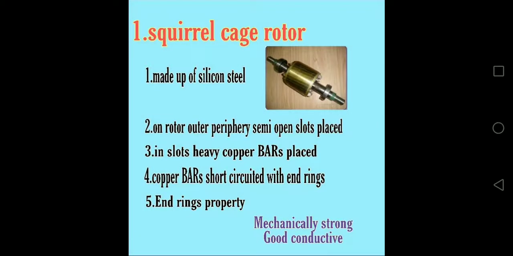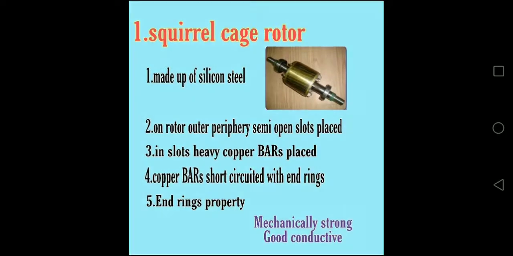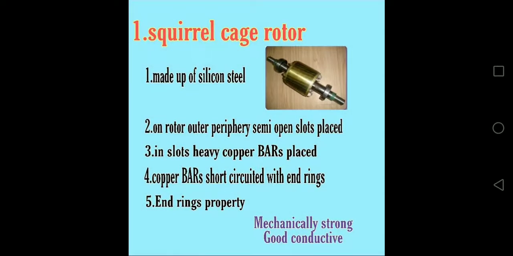And in a squirrel cage rotor also, the flux production must be more. So wherever flux or rotating magnetic field production will be easy, there is a flux flowing path.